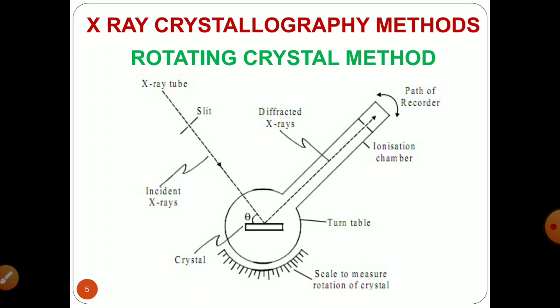So this is your rotating crystal method, where you are using the principle of diffraction by means of rotation of your turntable, and whatever bright and dark spots are observed on the photographic plate will give you the actual location of the atom or the particle within the crystal, and from that you will have the actual measurement of distance between two particles.